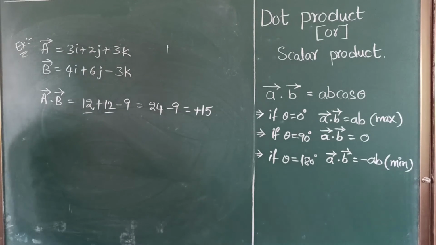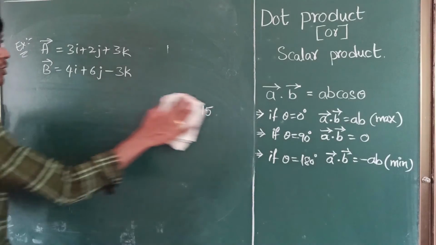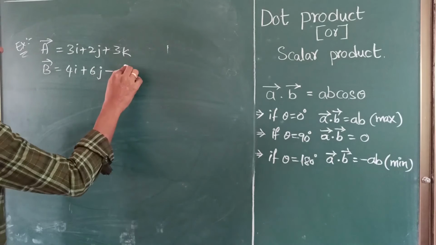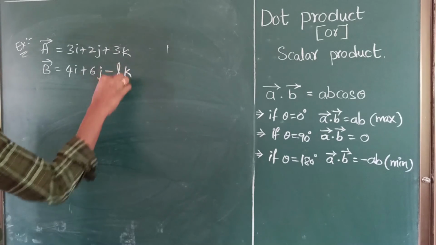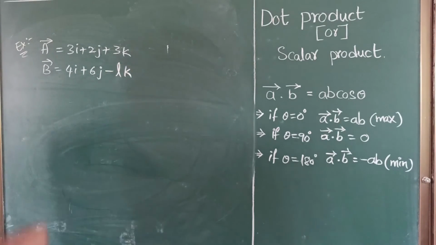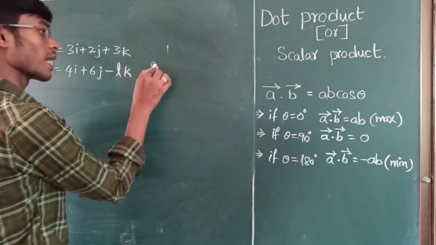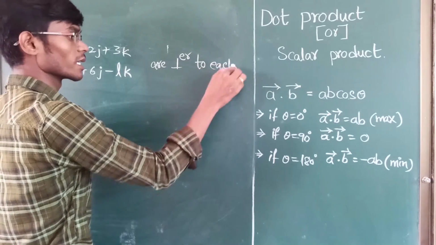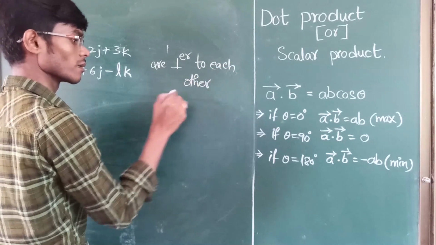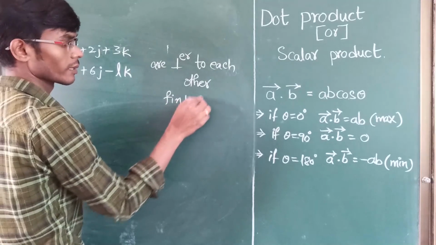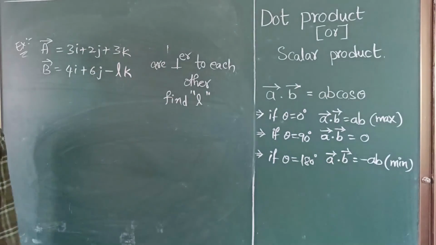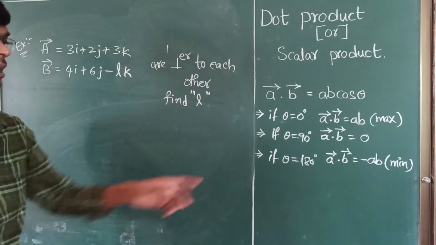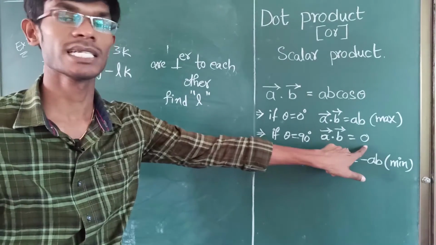Suppose in the same problem, B bar is 4i plus 6j minus Lk, and they say A bar and B bar are perpendicular to each other, find L. Already I told you that if A bar and B bar are perpendicular to each other, then their dot product is equal to 0.